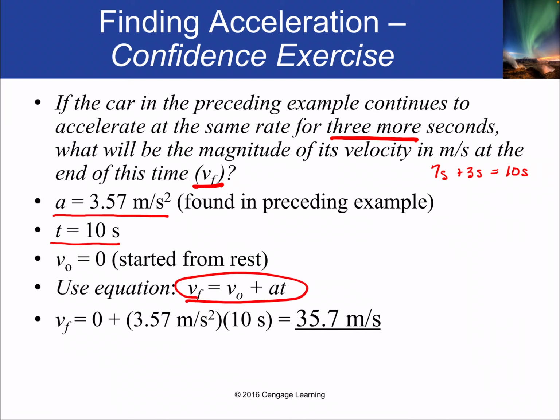So the equation that we just saw rearranged: Vf equals V0, which is 0, plus at, acceleration is 3.57 meters per second squared times 10 seconds, and we get a final speed of 35.7 meters per second.